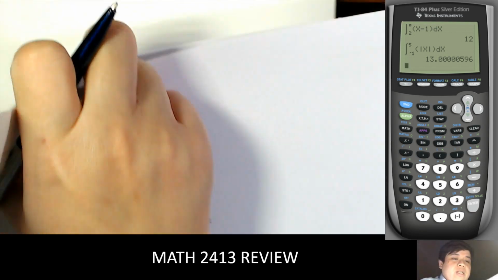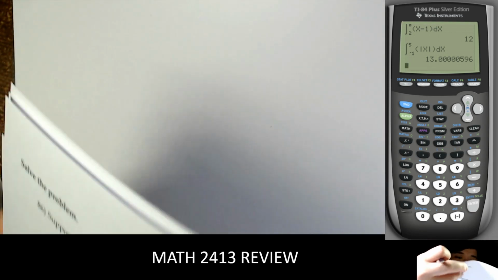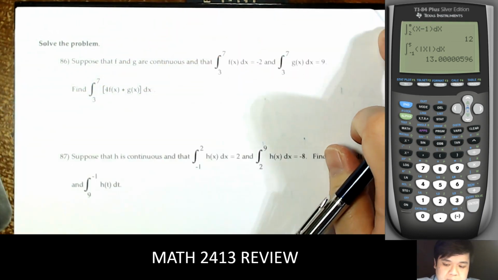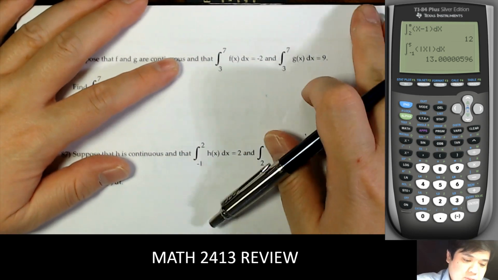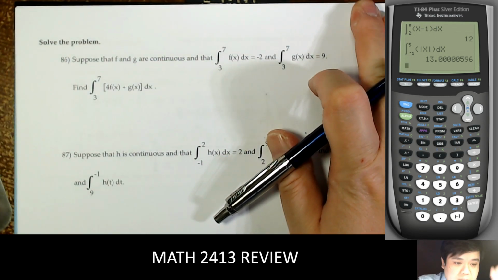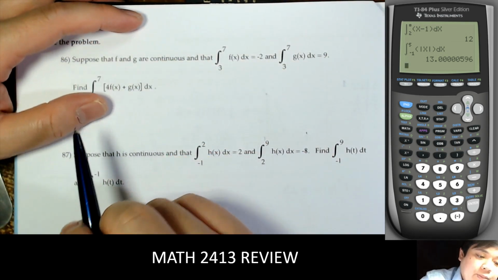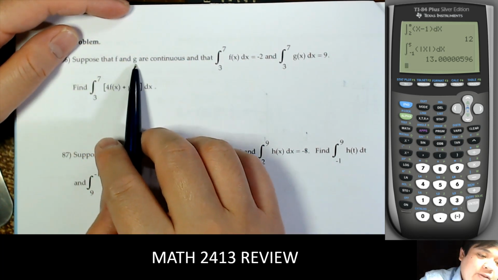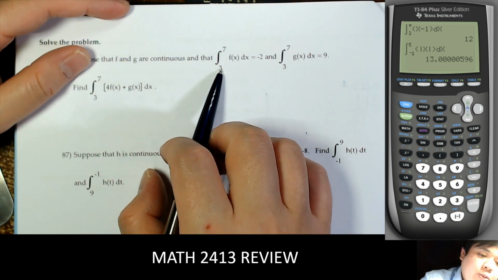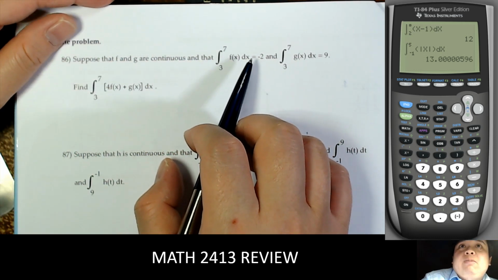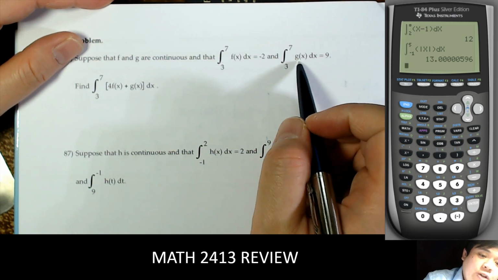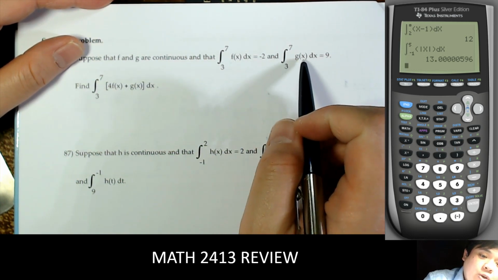Next we have properties of the integral. I suppose that f and g are continuous, and the integral from 3 to 7 of f of x is -2, and from 3 to 7 of g of x is 9.